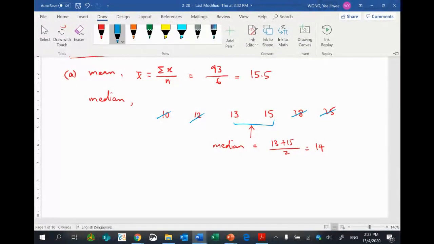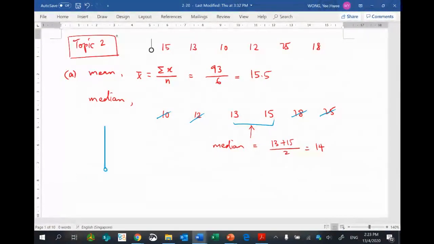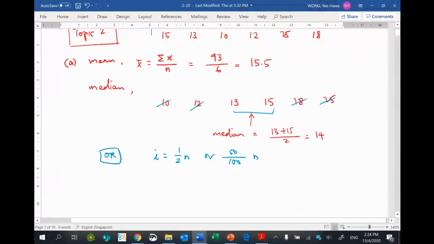Right, so now I show you the second method. You use the formula i equals half n, or 50 over 100 times n, it's the same. So i equals half n. How much is it? You have only 6 numbers, so you get 3.